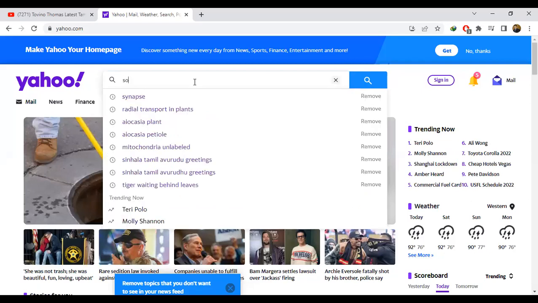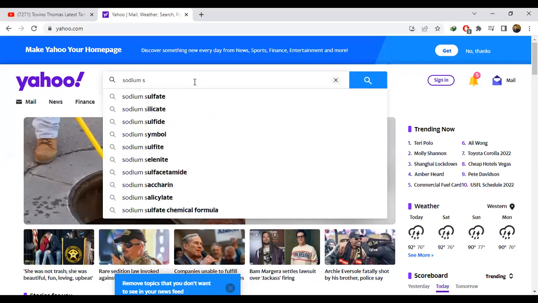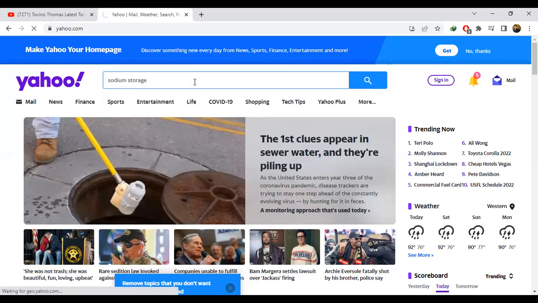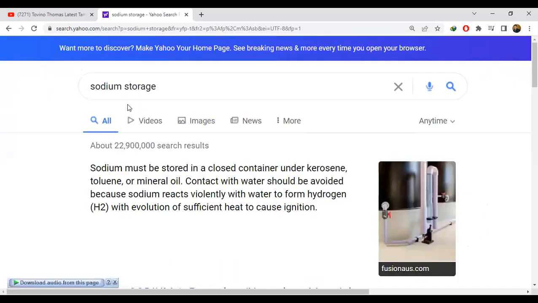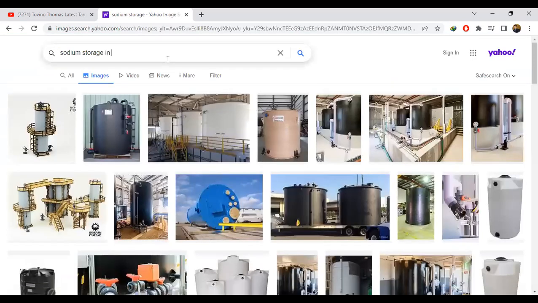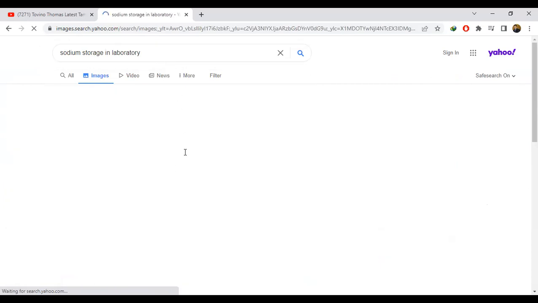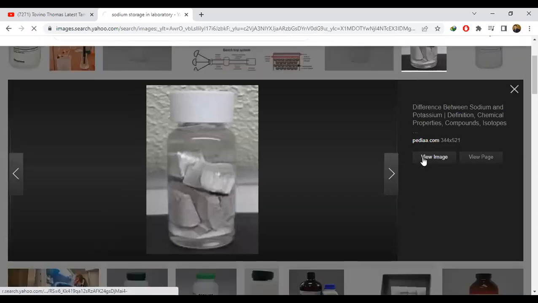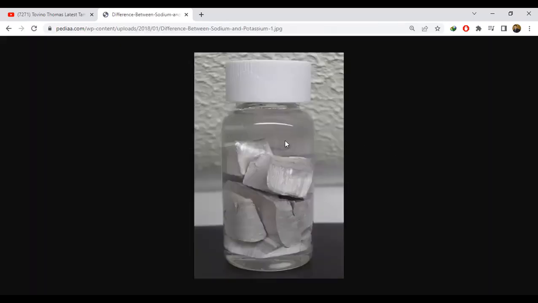So if you take sodium in a laboratory, you will see sodium is placed inside a liquid material.